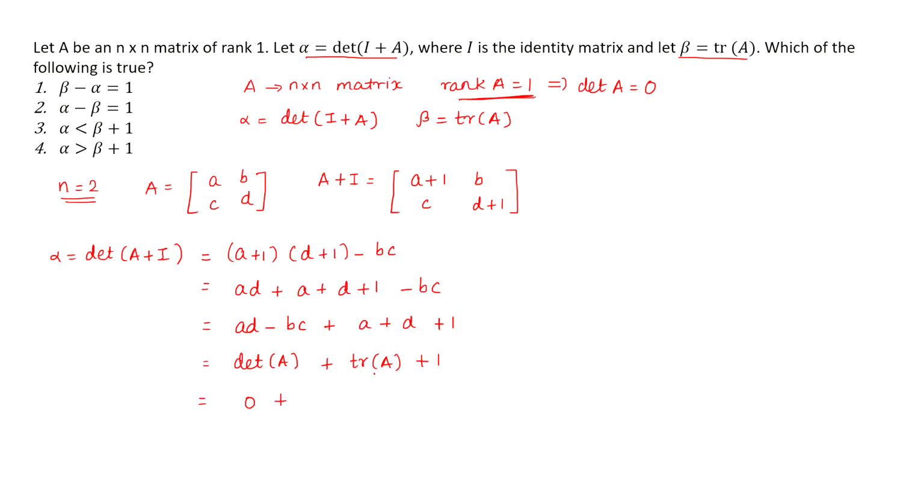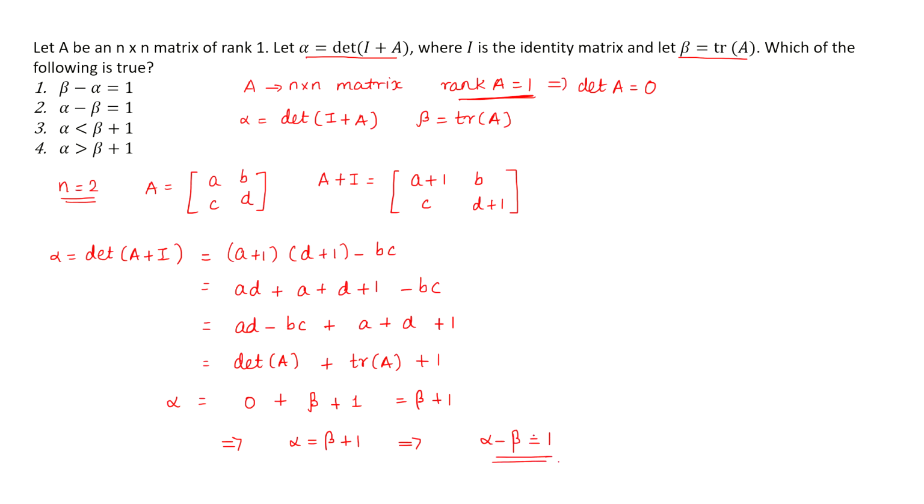Then trace of A is represented by beta, and this is 1. So this is beta plus 1 and the LHS is alpha. So we have obtained alpha is equal to beta plus 1, which implies alpha minus beta is equal to 1.